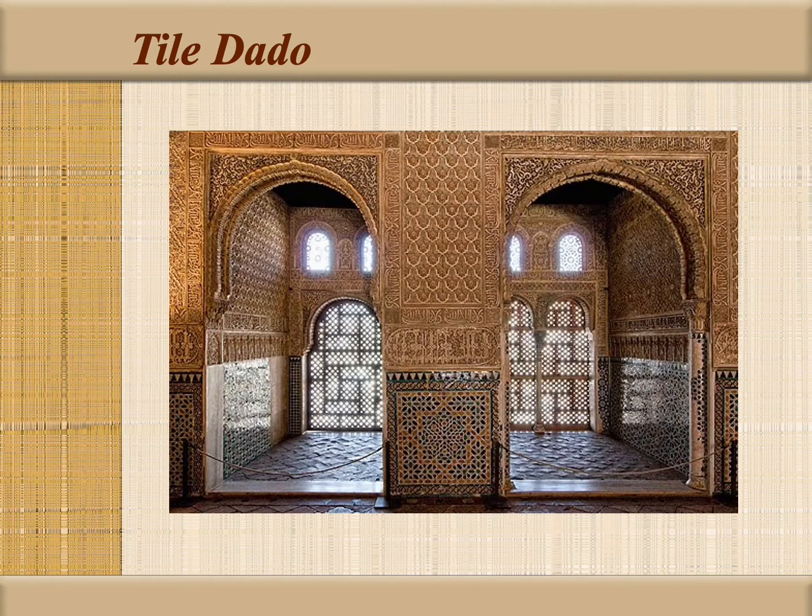And then in this example, you can see the tiled dado, so just that wainscot. And once again, you can see all of the tracery and truly intricate details. So this here is the dado. But all of the really intricate details, definitely influenced by that Moorish and Islamic style.